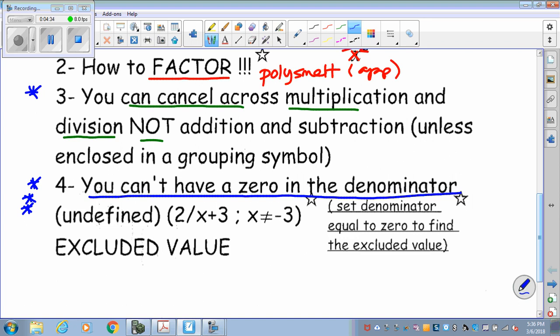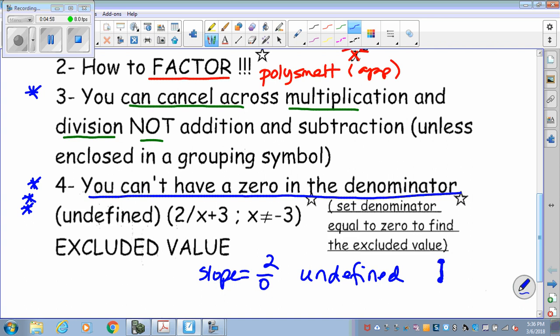We said if you had a slope and it came out to be 2 divided by 0, that was undefined. Because that means you went up 2, here's your point, you went up 2, and then you don't go over.